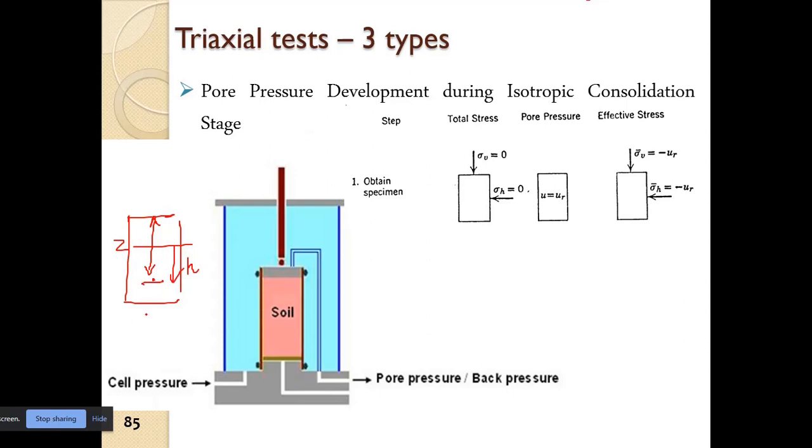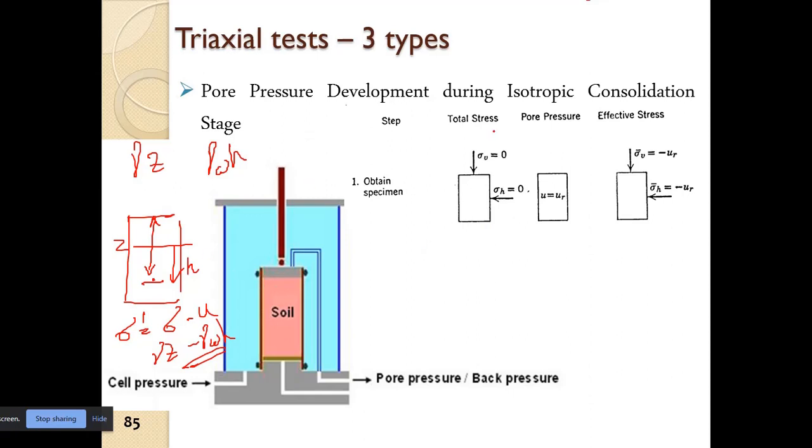So we had total stress gamma z and the pore water pressure, so the effective stress in the soil is total stress minus u, so gamma z minus gamma w into h.